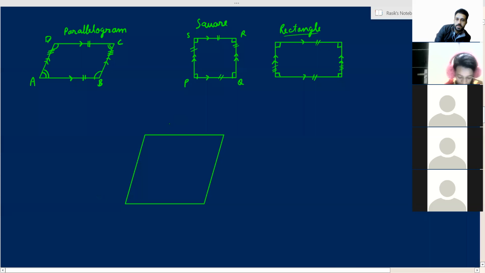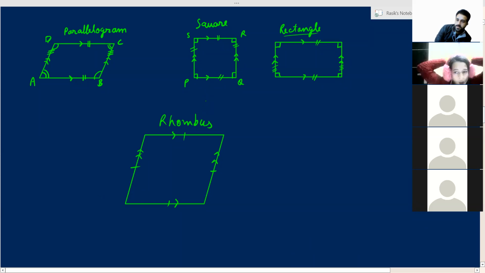Rhombus also has all the four sides equal. Rhombus में भी चारों sides equal है. Rhombus also has opposite sides parallel, like a parallelogram. And all the four sides are also equal in a rhombus, like a square.